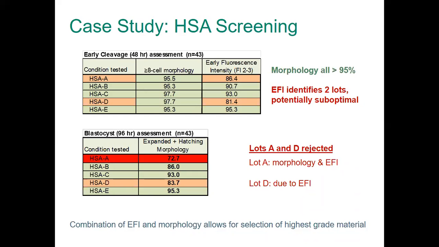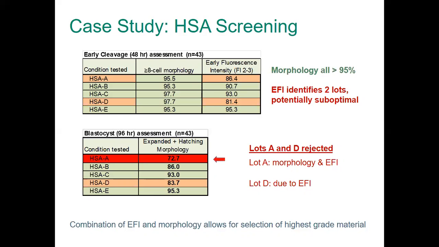So when we pre-culture the embryos to 96 hours, you can see the ones that have grown to expanded and hatching in morphology. For lot A, it is only 72.7%, which means it hasn't passed the MEA. And for lot D, even though it's over 80%, it's still low at just 83.7%.